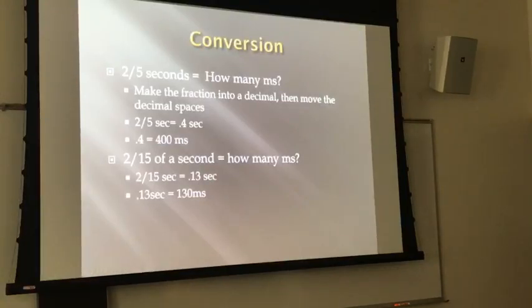Move the decimal place 3 places to the right, so it's 400 milliseconds. Same thing down here: convert the fraction to a decimal, then from the decimal, move your decimal place 3 places to the right.